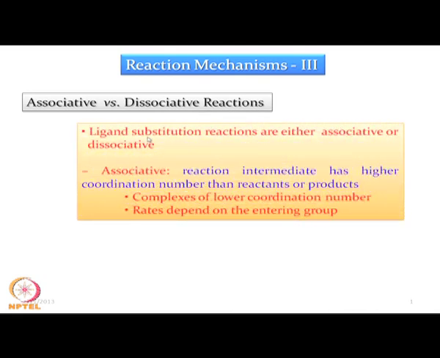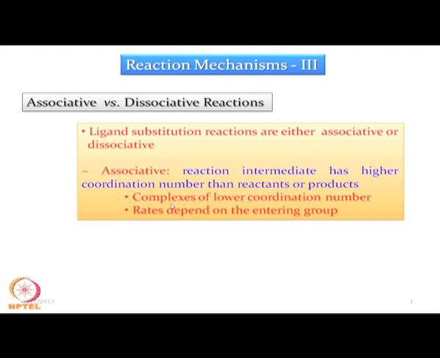When we talk about the ligand substitution reactions, they can either be associative or dissociative. And when we have the associative reaction, we have seen that we can have an increase in coordination number. So, the reaction intermediate, leading towards the corresponding transition state, has higher coordination number than reactants or products. That means, if the reactant is octahedral in nature, we have 6 coordinated species, and if the product is also octahedral, the product is also 6 coordinated, but the transition state is 7 coordinated.